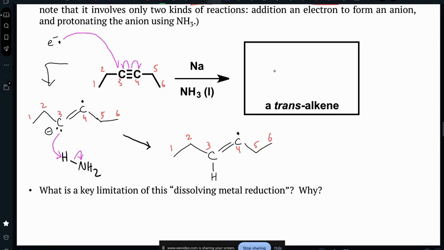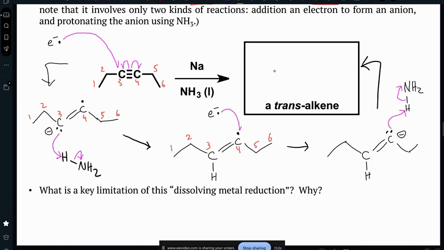We'll then add a second electron from our solution. So our second electron will add itself in. That will make another carbanion, and a carbanion is a strong base, so that will go ahead and grab hydrogen from ammonia. And so in the end, our product is the trans alkene.